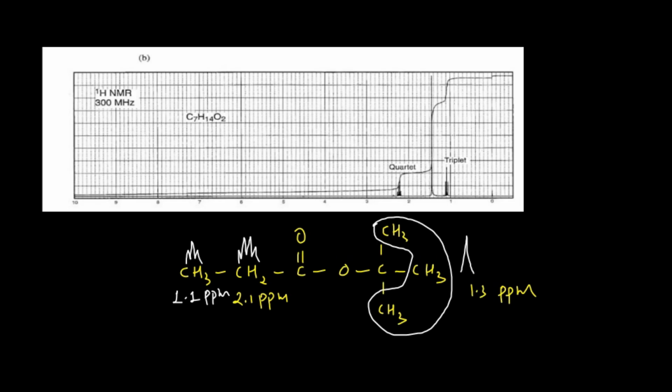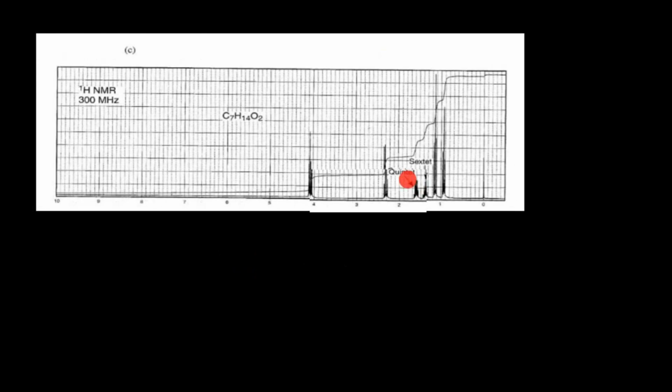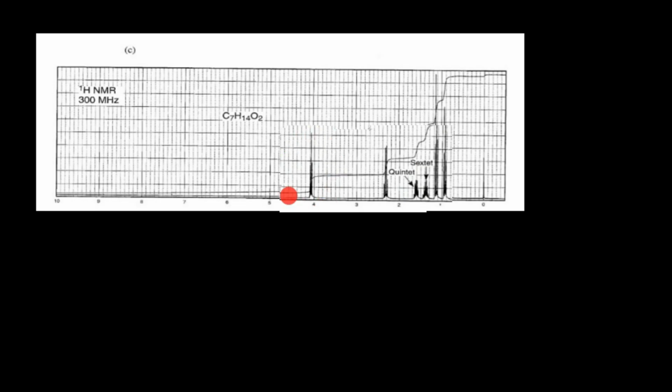Now moving to the next one, here only quintet is written and only sextet is written there, but all other peaks, 1, 2, 3 and 4, are also there, and you can see the resolution of the peaks is not very good because I have taken a screenshot, and in the original book itself it is not that clear. So you need to understand the different multiplicities of these other peaks.